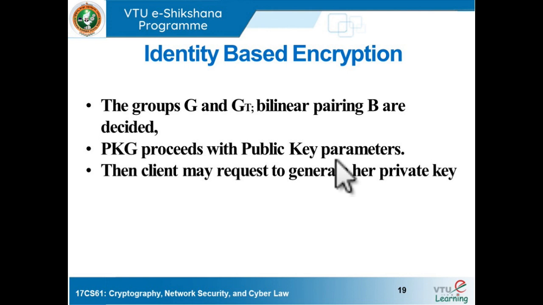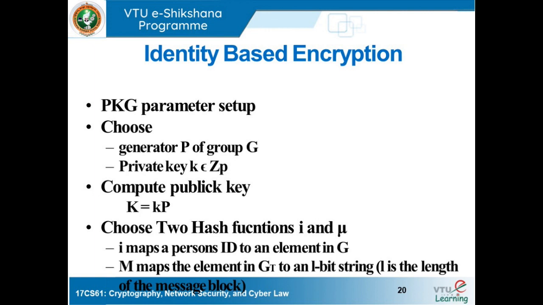Now these public key parameters will be made public because they will be used to calculate the client's public key along with the ID of the client for which the public key has to be calculated. Now once the public key generator proceeds with generating its public key parameters, the client may then request for generation of her own private key. Now let's see how this exactly works.